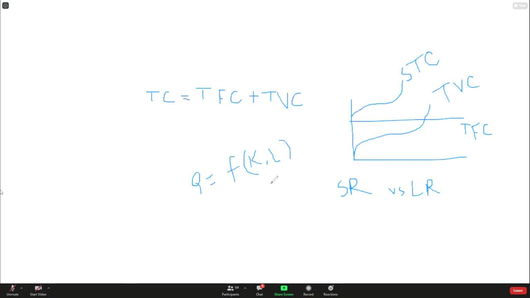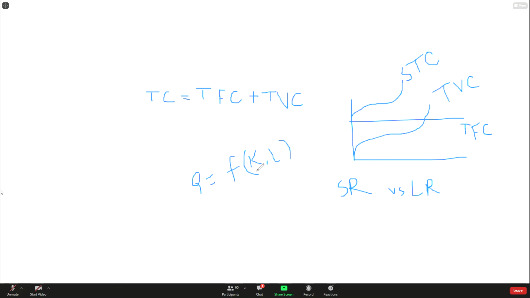Why K and not C? Capital is an English word, but K for capital comes from a German word. So capital is written as K, not C.